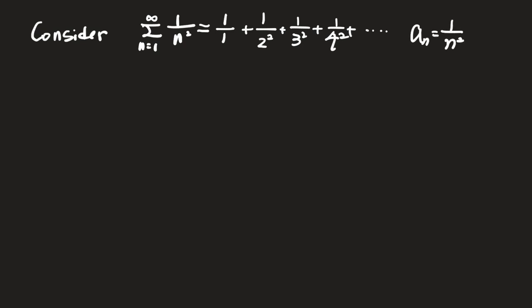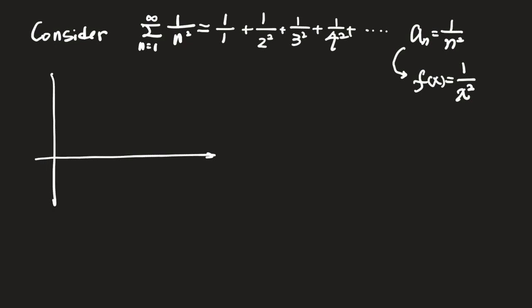I want to change this to function form, f(x) equals 1 over x squared. Whenever we plug in a natural number here, that gives n squared. Using this function, first you sketch this function, f(x) equals 1 over x squared.